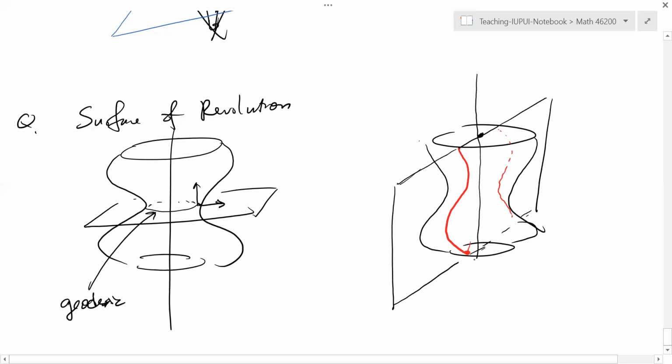So this plane is perpendicular to the surface at every point.